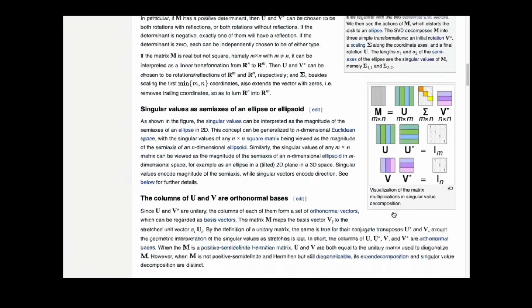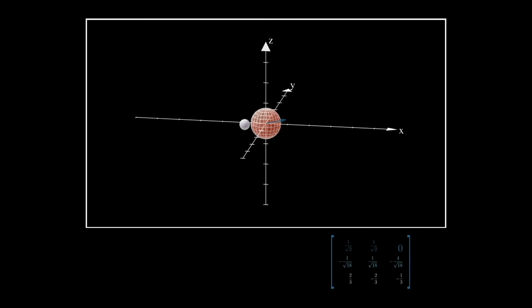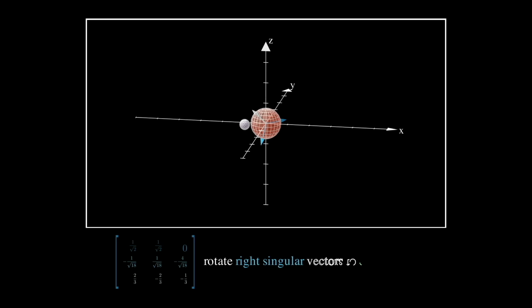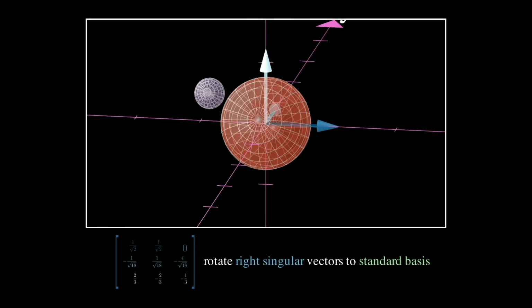So Wikipedia said a few things about the visual flavor of SVD, that any matrix essentially just maps a sphere into an ellipsoid across different dimensions. Let's see for ourselves. After singular value decomposition, the first step of any linear transformation is always a rotation in Rn. If you rotate a sphere, it's still a sphere.